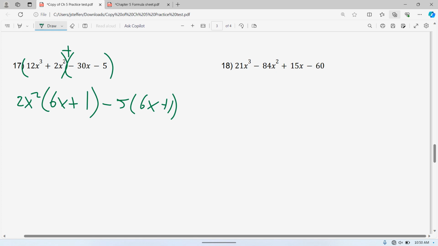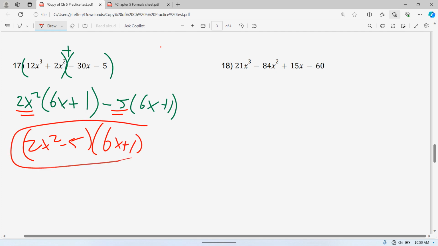Just like before, everything that's not inside parentheses. And then we have the 6x plus 1 parentheses. Now, very similar. Put those together.